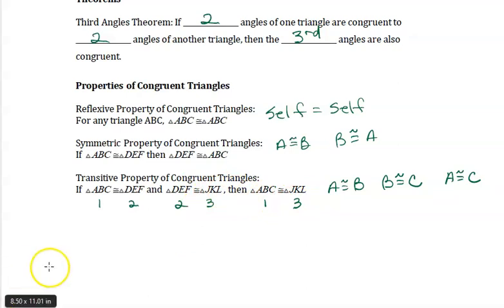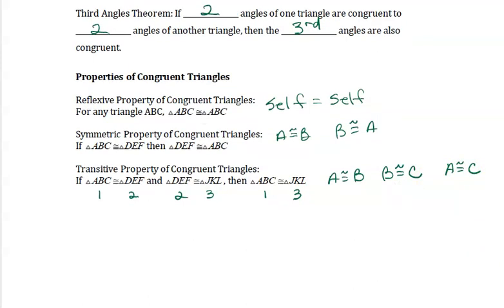So think of it this way. If 1 equals 2 and 2 equals 3, then 1 is also going to equal 3. But think of it in letters. If A equals B and B equals C, then A will equal C. Okay, so think about that. When it shows up in our work, I will point it out.